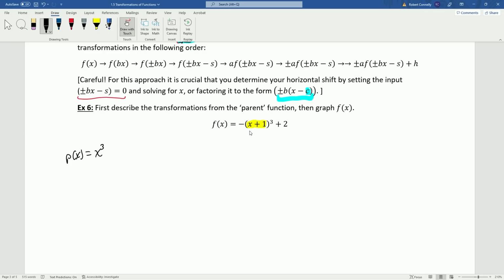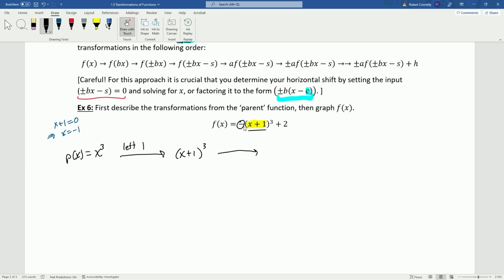So the first thing I deal with is what's inside the parentheses, and here we've just got x plus 1. So we transformed this to x plus 1 cubed, and x plus 1 equal to 0 solves to x equals negative 1. So this is a shift left 1. Okay, next we deal with the multiplication outside of the parentheses.